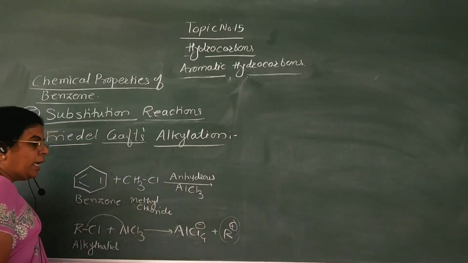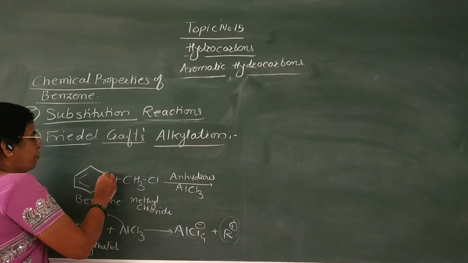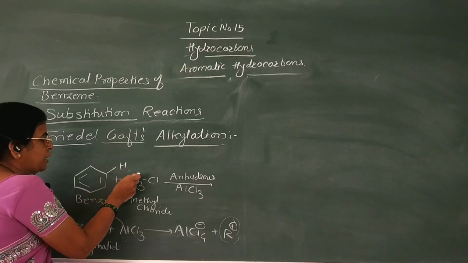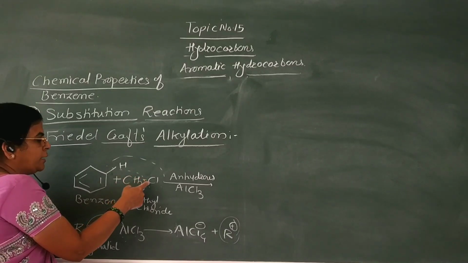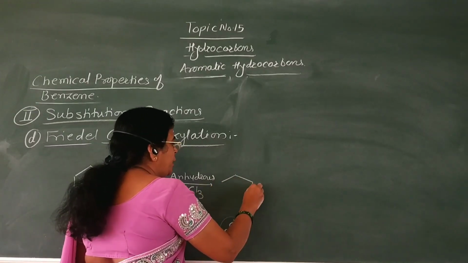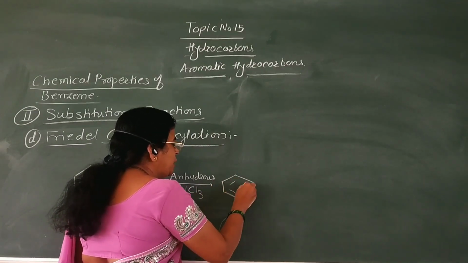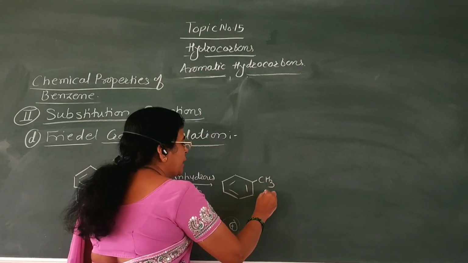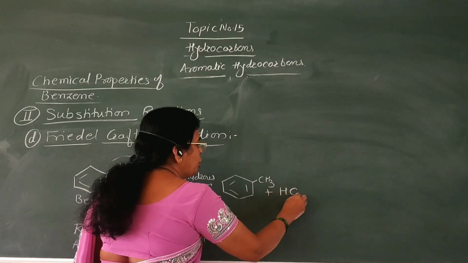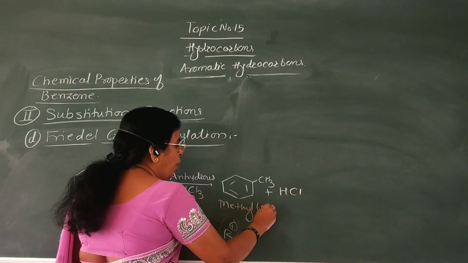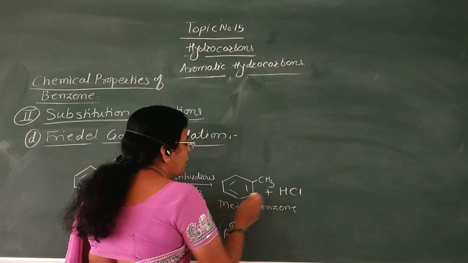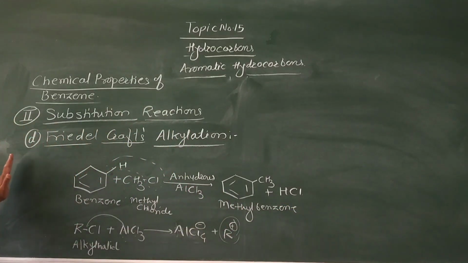Now one hydrogen atom from this benzene ring is replaced by this methyl group, removing HCl, and formation of toluene takes place. That is, when benzene is treated with methyl chloride, formation of methyl benzene or toluene takes place. This is the alkylation of benzene, and this reaction is named Friedel-Crafts alkylation.